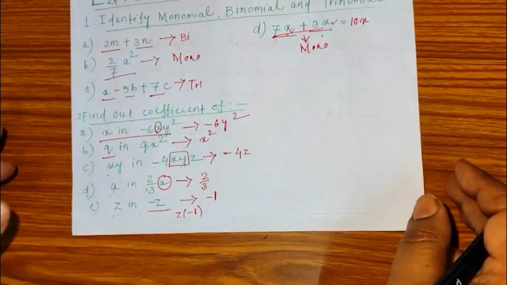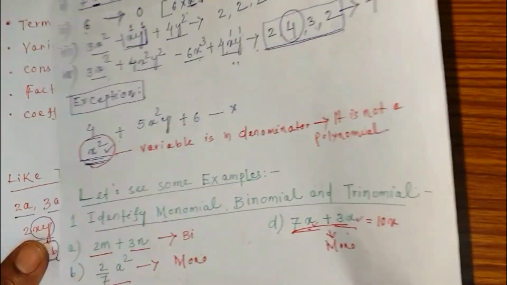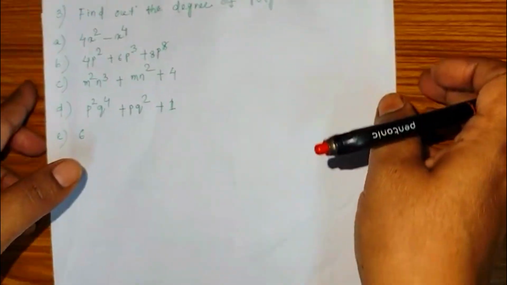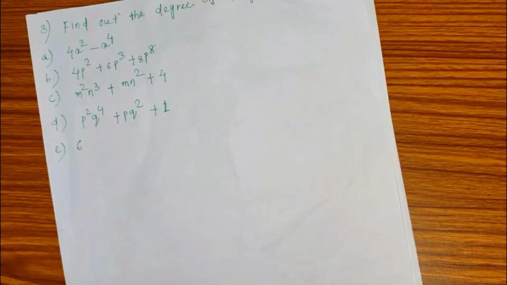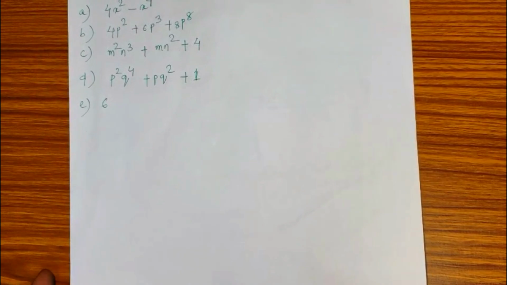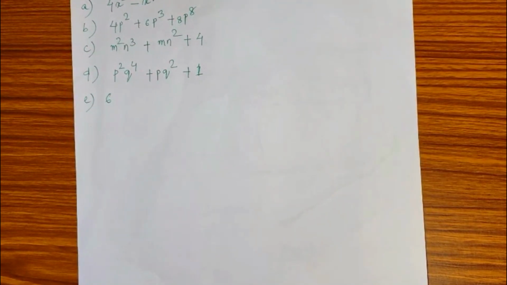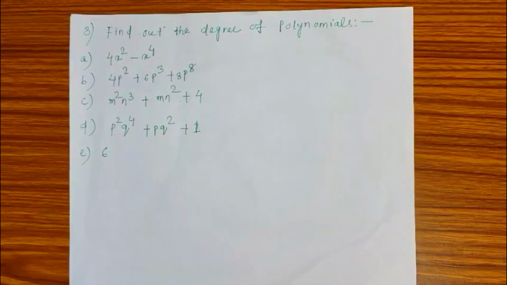Got it? It's clear? Okay. Let's see the last example. It's clear. If you have any doubt, you can write it out in comment section. So I'll try to clarify your doubts. Okay. Let's see the third one.